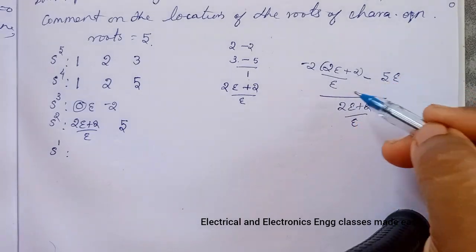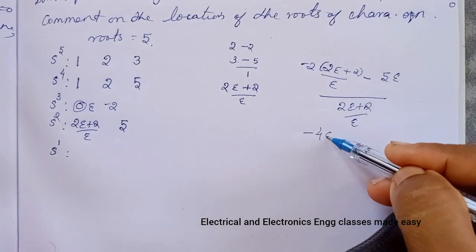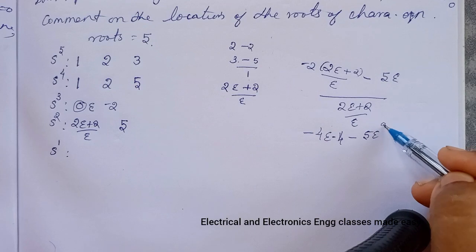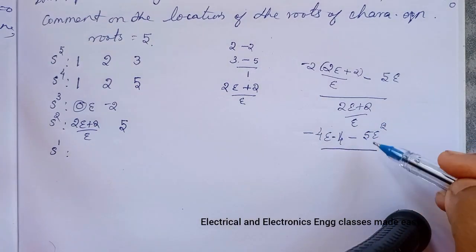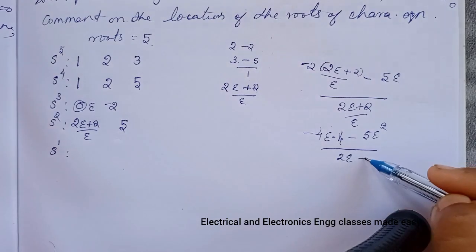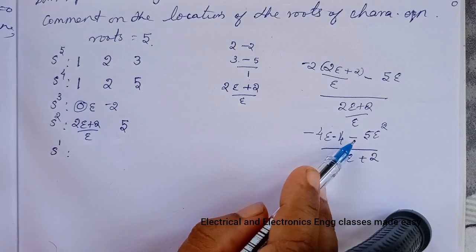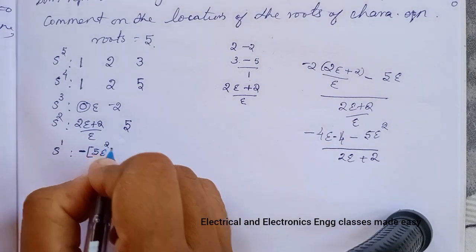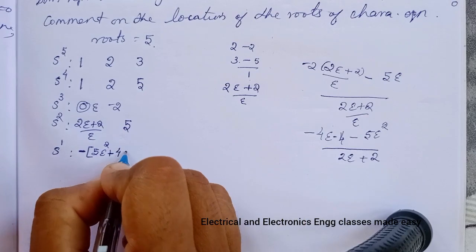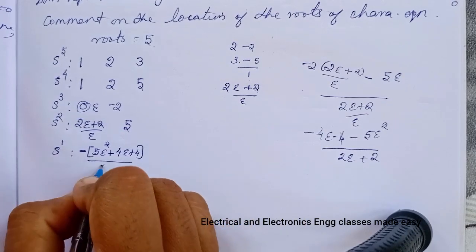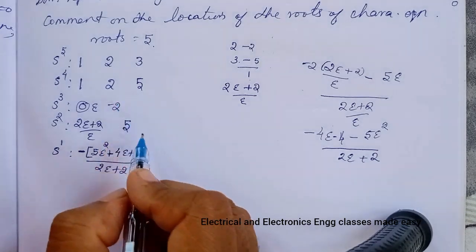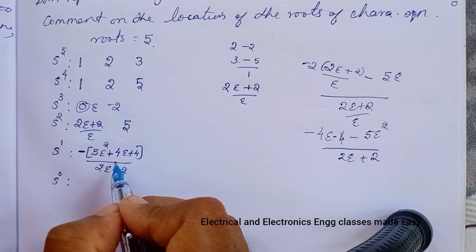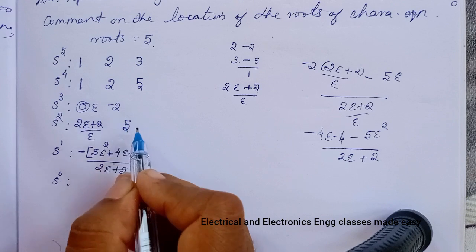So here after simplifying we get minus 4 epsilon, then minus 4 minus 5 epsilon square, divided by 2 epsilon plus 2. That is, we can take this minus outside, then minus (5 epsilon square plus 4 epsilon plus 4) divided by (2 epsilon plus 2), and the next element is 0. Then the s raised to 0 element is this one into this one, that is we get this 5 here.